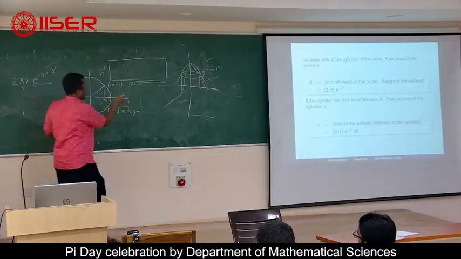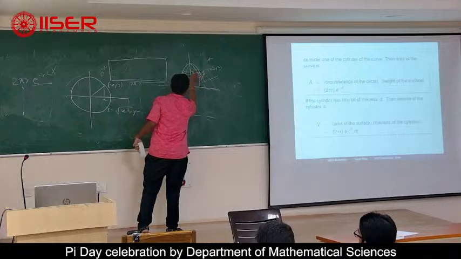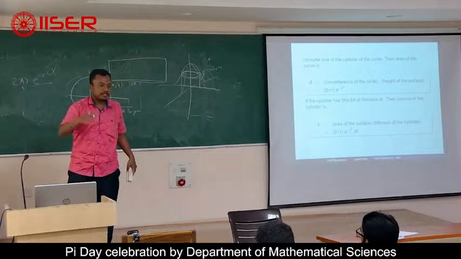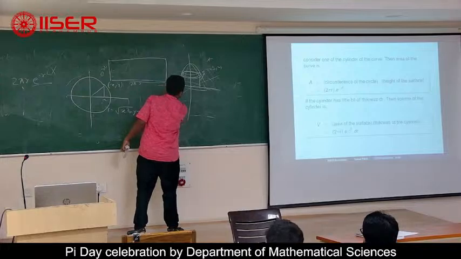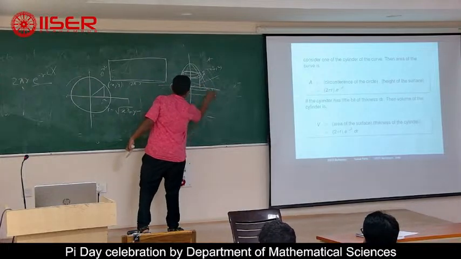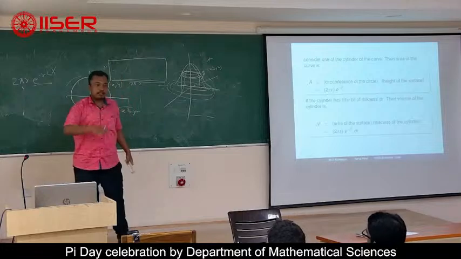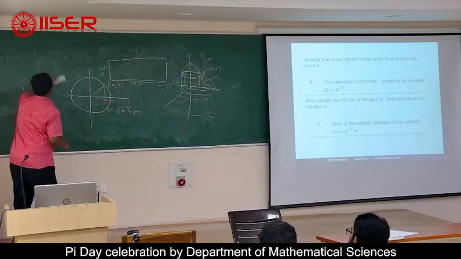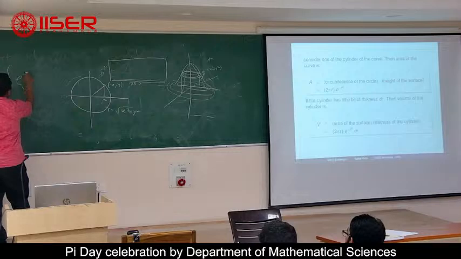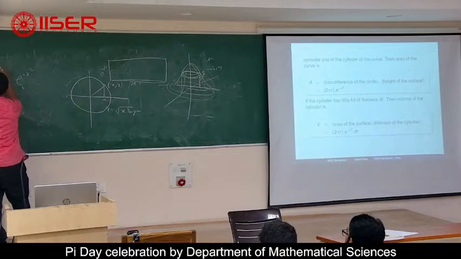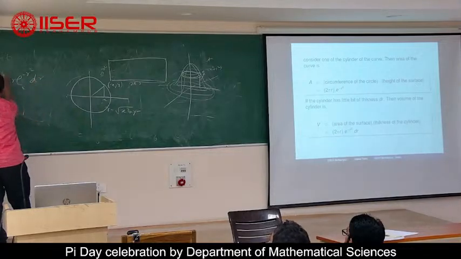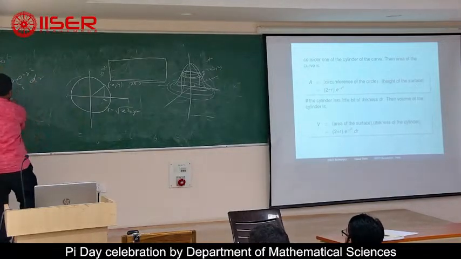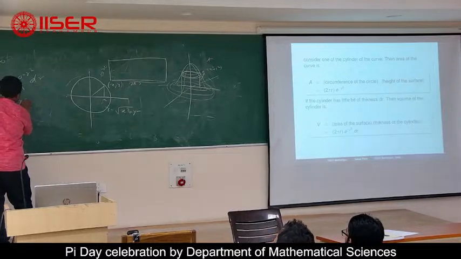If you take a small thickness of this surface, then it becomes volume. So if you integrate this from minus infinity to infinity, if you integrate all these things, you get the area 2 pi r dr. Now pi comes out. Sorry, from 0 to infinity.